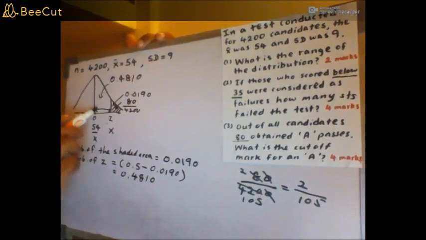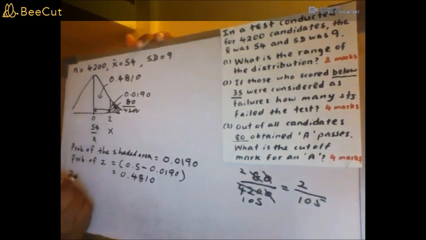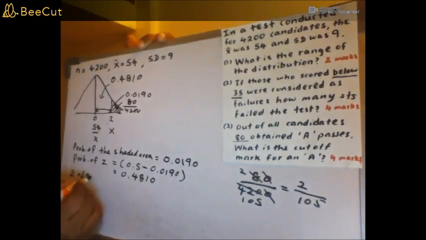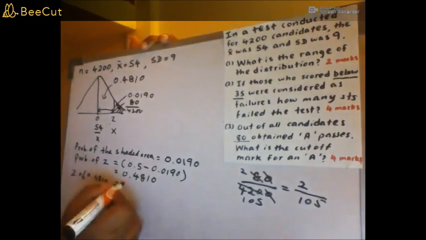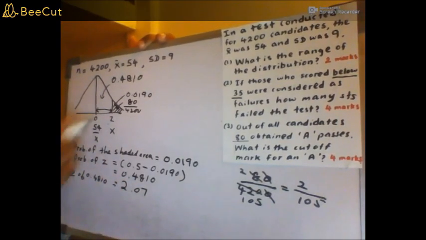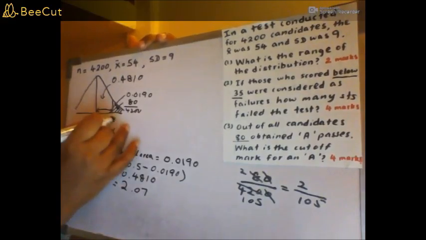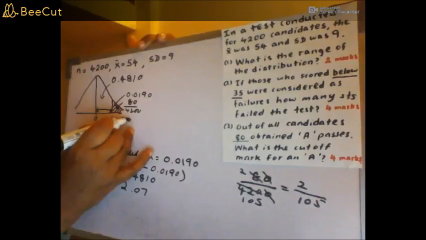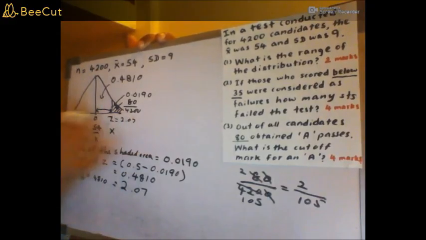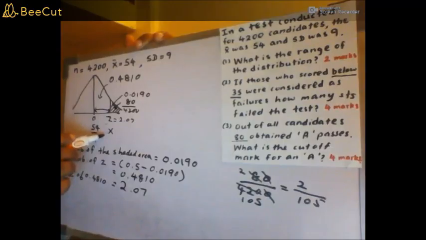Now you have to go to the table and find the relevant z. So z of 0.4810, the z is 2.07. We know the z is 2.07. And we have to find the x.